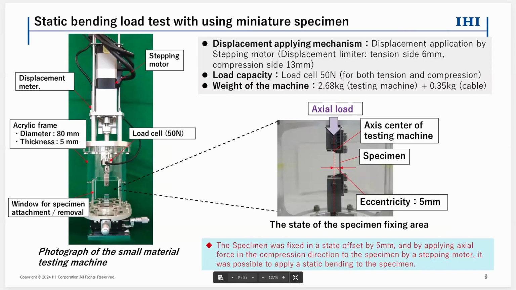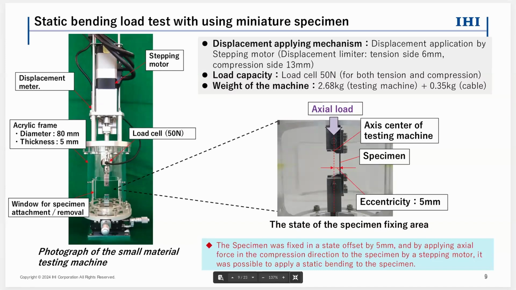I will show the static bending load test using a compact testing machine and miniature specimen. The left figure shows a photograph of the compact material testing machine. In this area, the specimen is fixed. The right figure shows the state of the specimen fixing area.